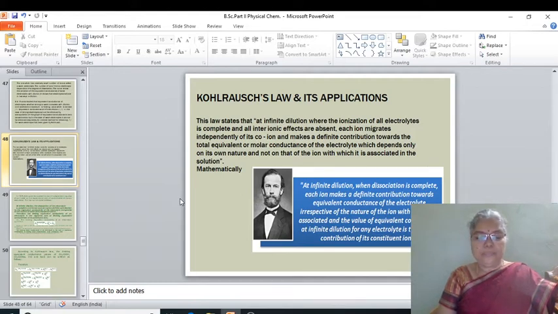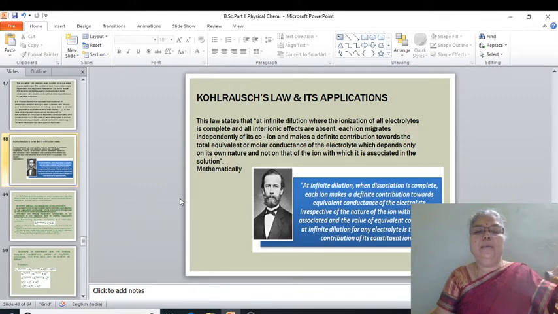Again he tried with the anions the same and cations different, and he used the electrolytes KCl, NaCl, KBr, NaBr, then KNO3 and NaNO3.